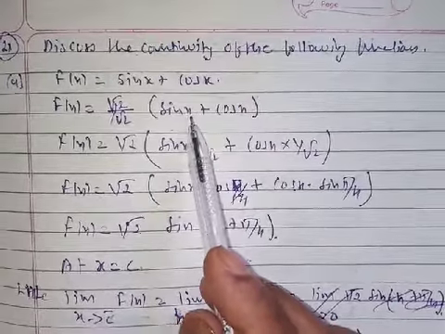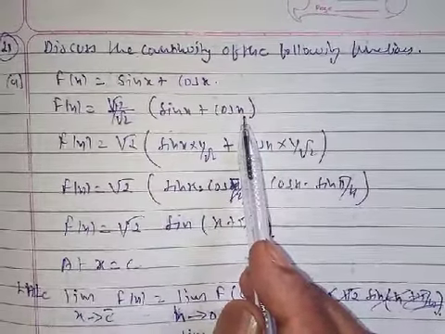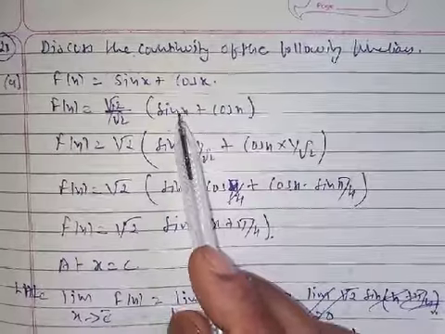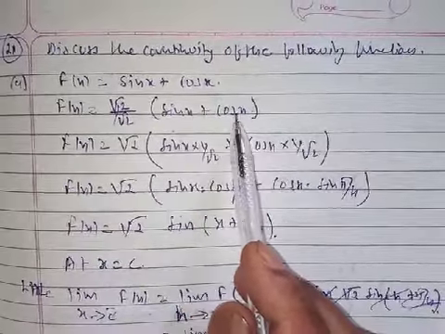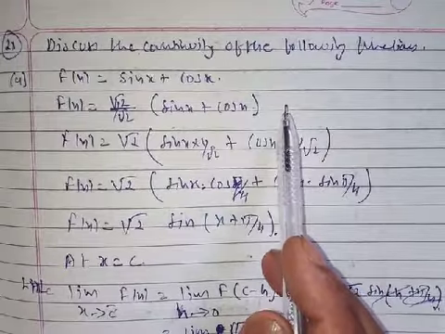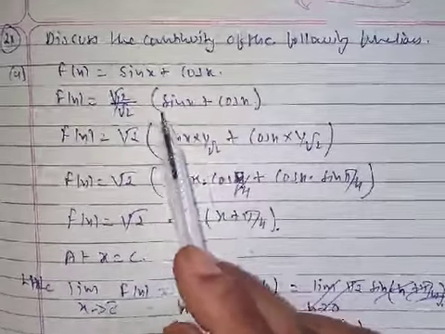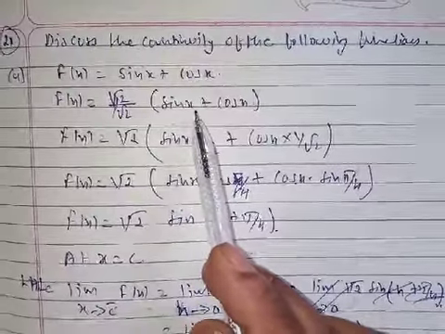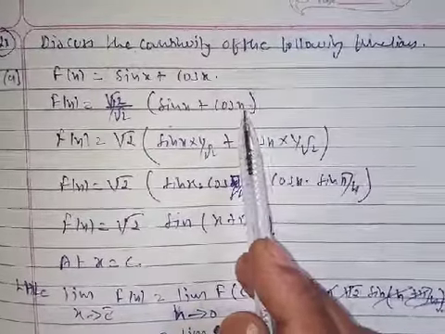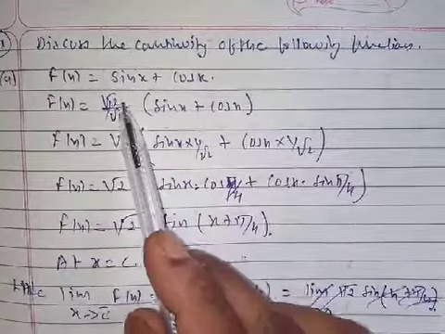Root 3 by 2 may be sin pi by 6, and then cos will be at pi by 3. So these are different. Where are they the same? They are the same only at 1 by root 2, that is sin 45 or cos 45. And therefore we are multiplying by root 2.